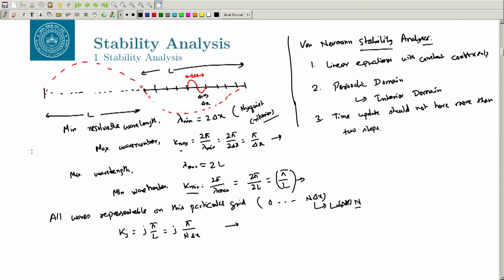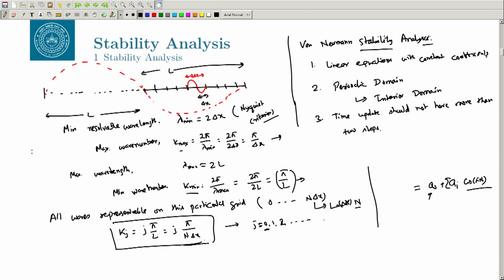So, j will be 0, 1, 2, 3 and so on and so forth. And you can compare it with the Fourier series definition, where you write a0 plus a1, and then you have sigma, you can write a i cos of i pi x by L and so on and so forth, right. Similarly with the sine term also. So, a0 is nothing but j equal to 0, which is a constant, right. So, you can represent all the waves using the wave numbers k j, right.